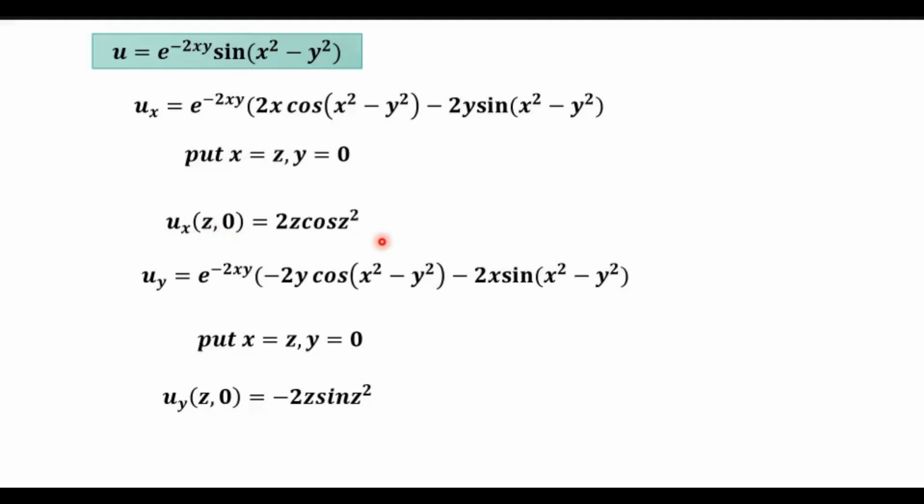I will get ux to be equal to this. Similarly, uy में differentiating u partially with respect to y, वहां पे भी x को z, y को 0. So we get ux and uy.